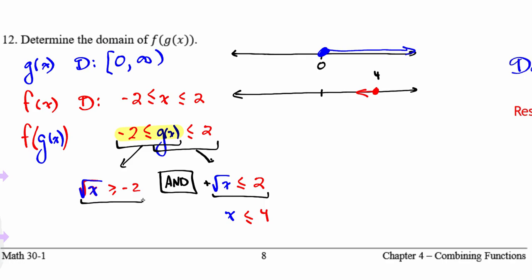Well, this time I don't want to square both sides because I'm going to actually end up with extraneous values because I have this weird situation where my right side is negative, my left side is positive. There are x values that make it true, but squaring both sides is not going to make things easier here.